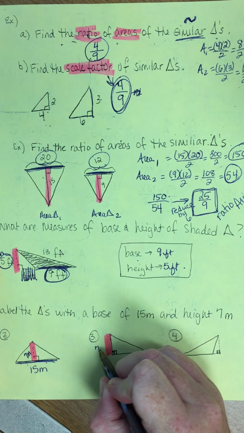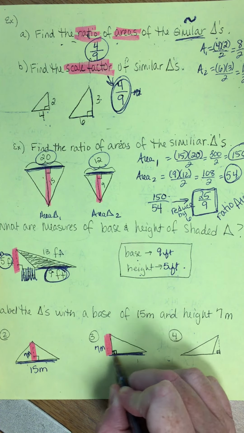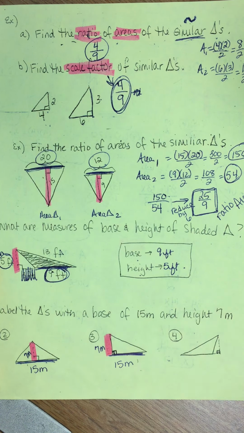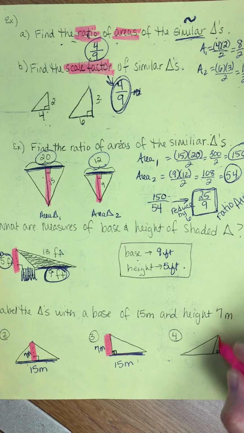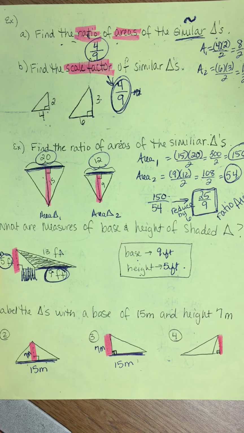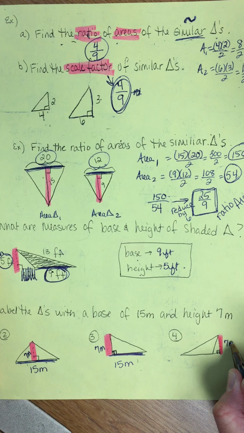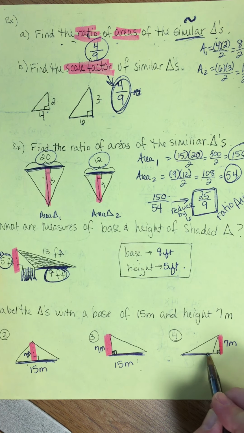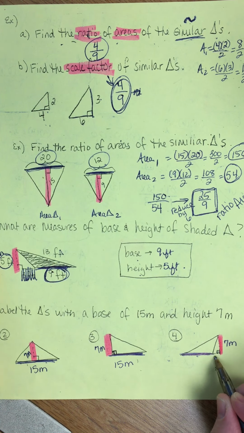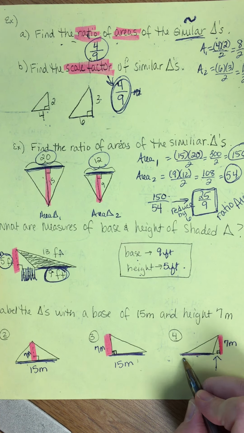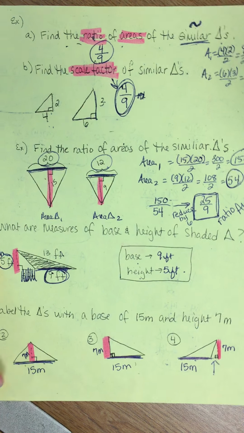So this is our height of 7 meters, and this is our base of 15 meters. And the last one's obtuse, so your height is outside, 7 meters. And your base only goes to here. Remember, it does not contain that part. It is 15 meters.